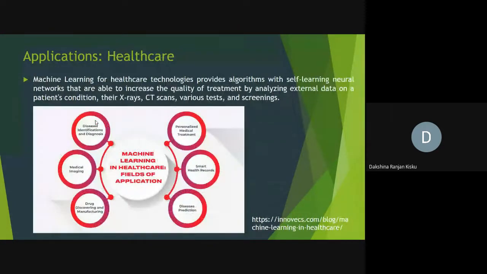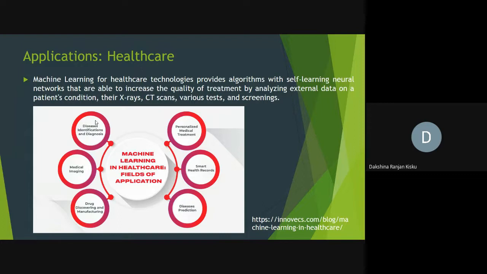Now, what are the different areas in healthcare which use machine learning algorithms? Here, machine learning provides a self-learning neural network environment. What is a self-learning neural network environment?